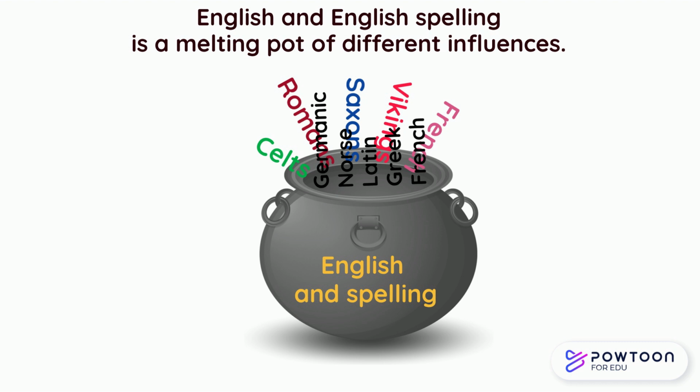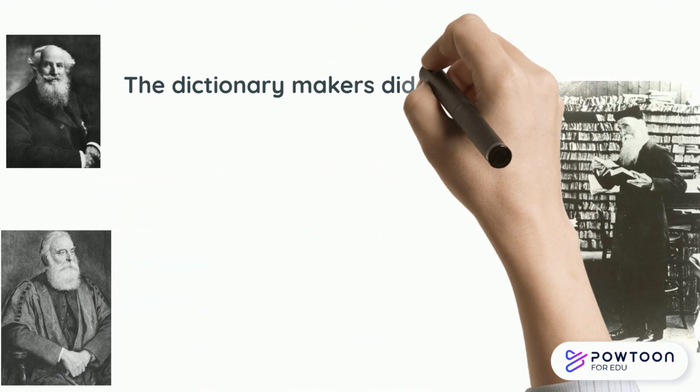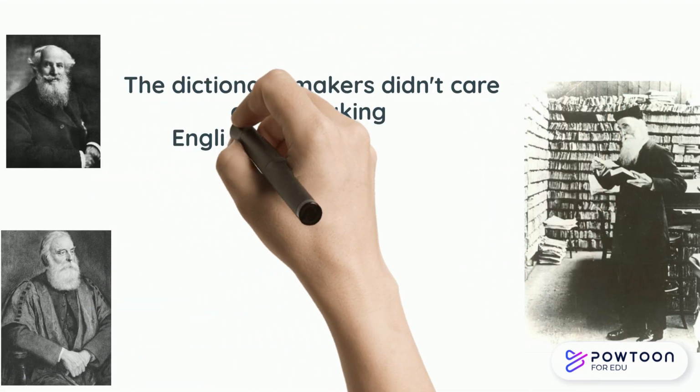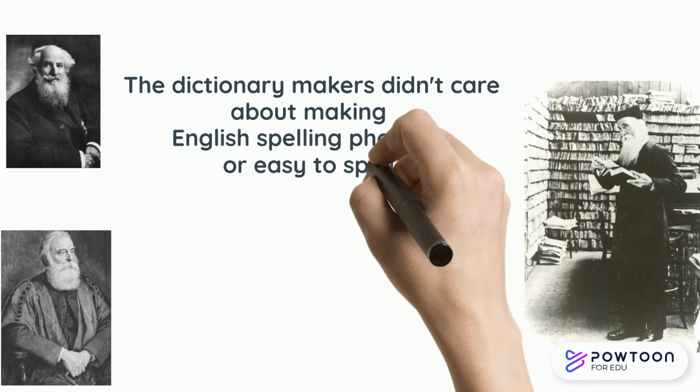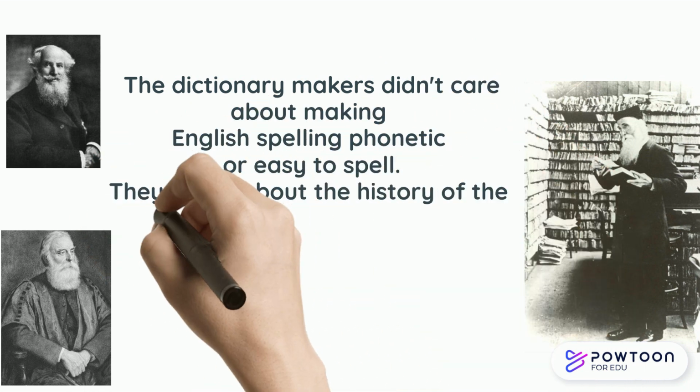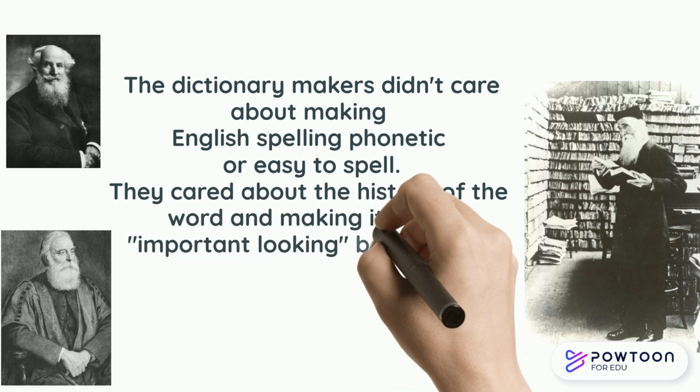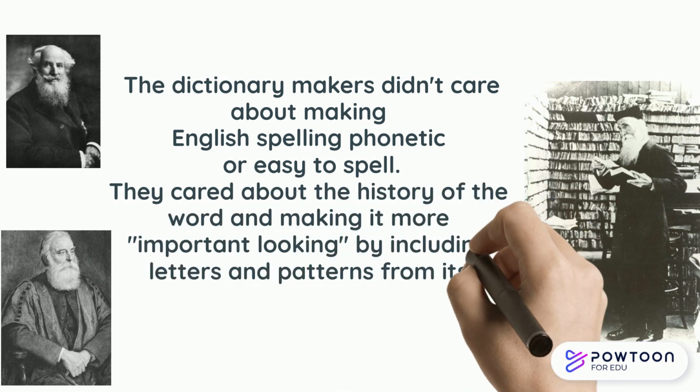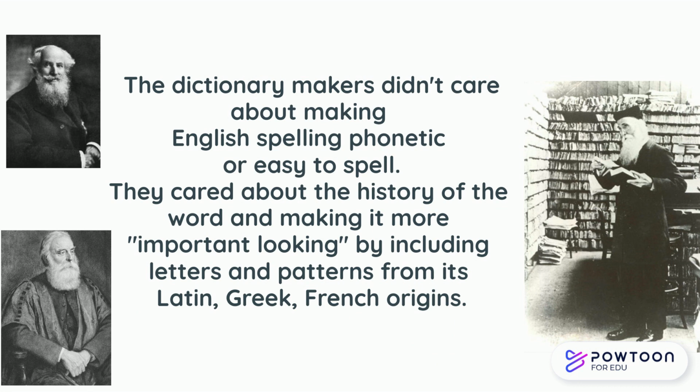And then later, the dictionary makers didn't care about making English spelling phonetic or easy to spell. They only cared about the history of the word and making it more important looking by including letters and patterns from its Latin, Greek and French origins.